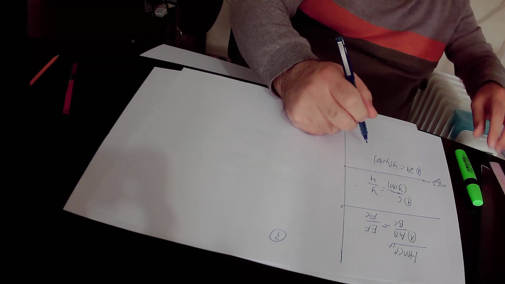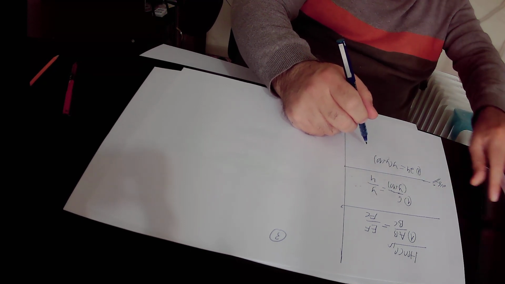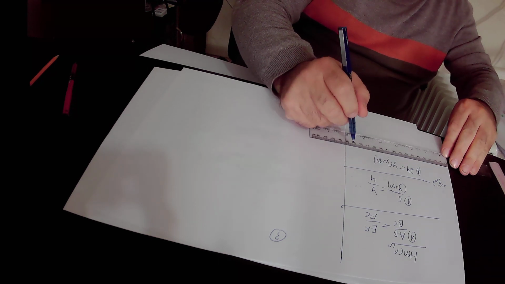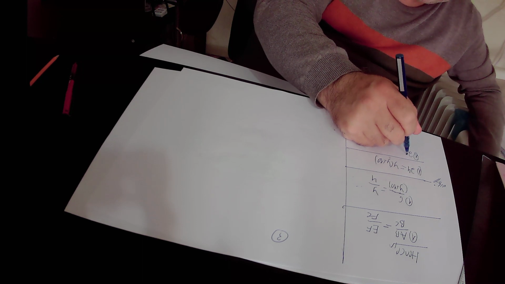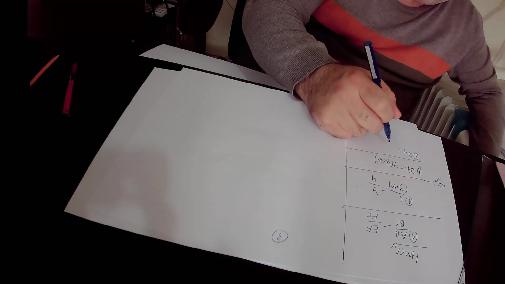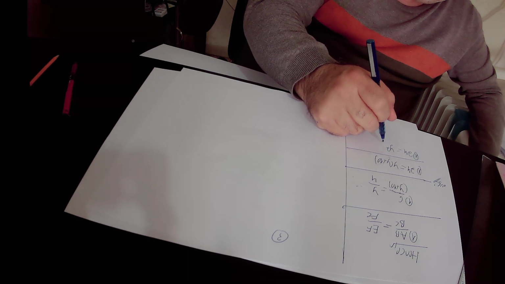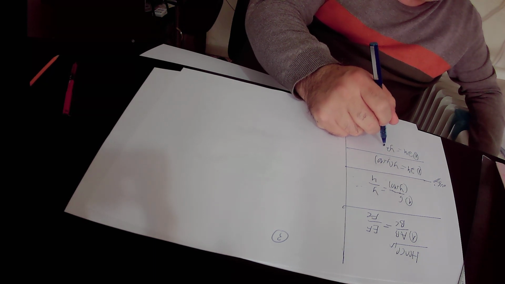Here we will open the brackets, and we'll get that 24 equals Y times Y, which is Y squared, plus 10Y.